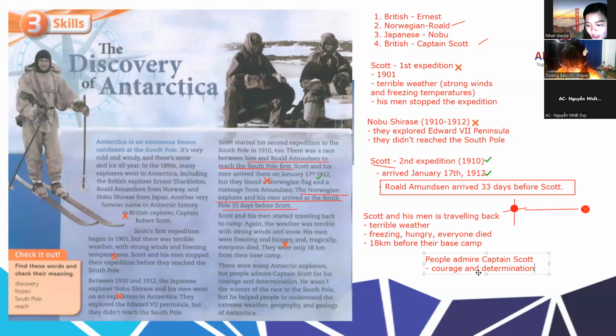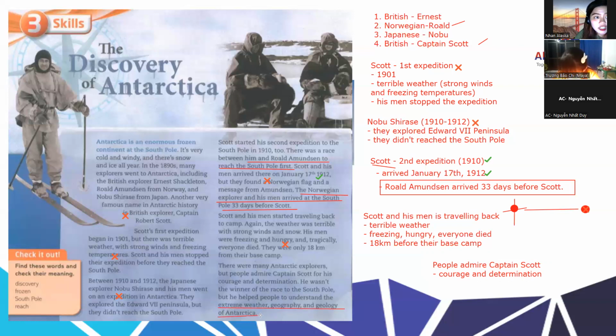So that is the reason why he is admired by the people, because even though he wasn't the winner of the race to the South Pole, he helped to understand the extreme weather, geography, and geology of Antarctica.